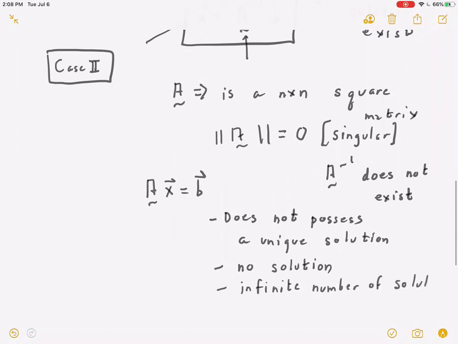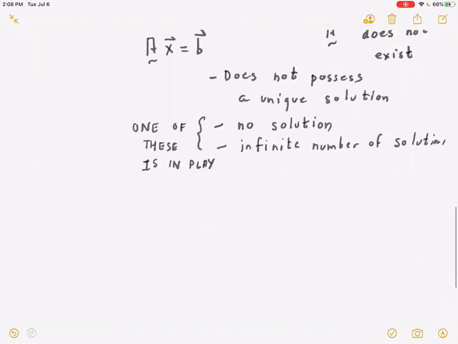One of those things is in play, and that's consistent with case 1.